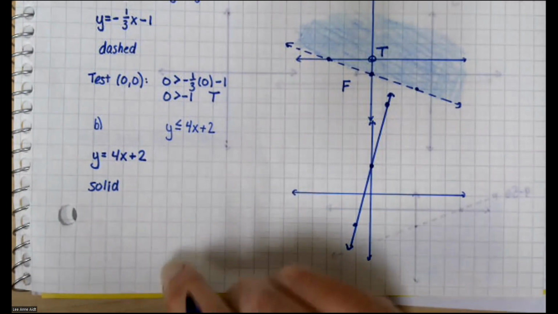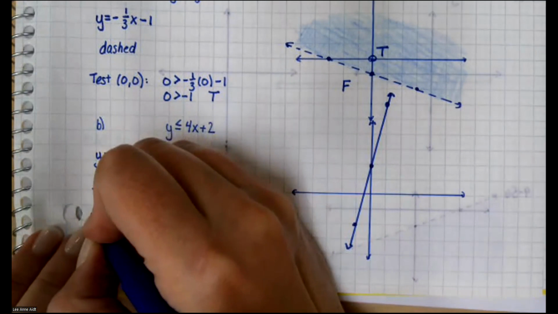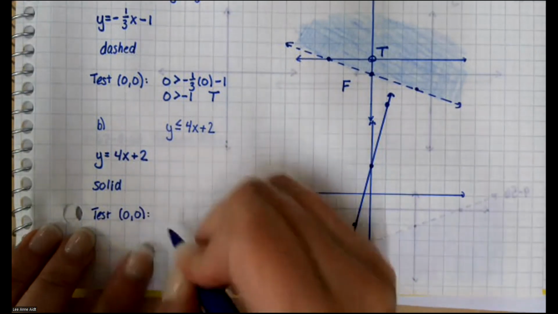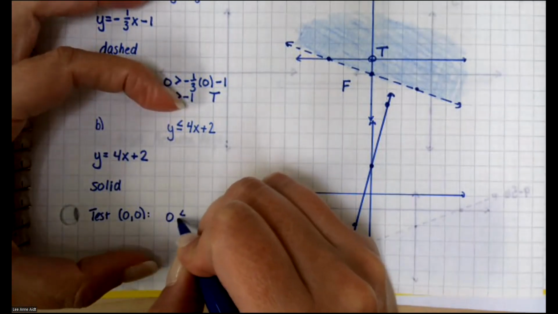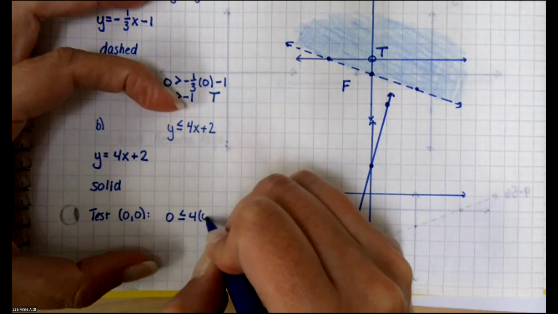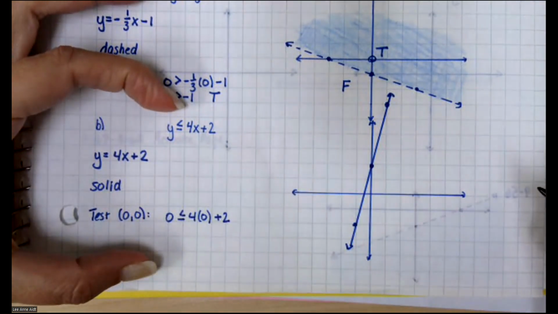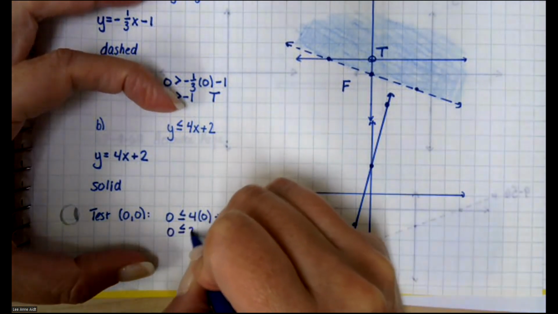Okay, can we test 0, 0? Yes. Okay, 0 is less than or equal to 4 times 0 plus 2. 0 is less than or equal to 2.